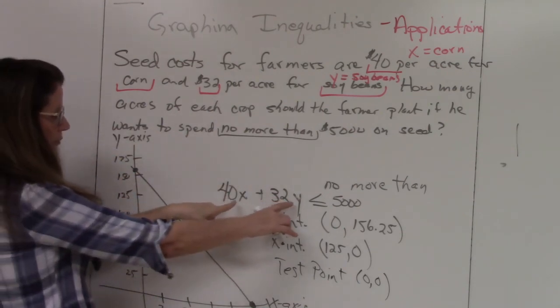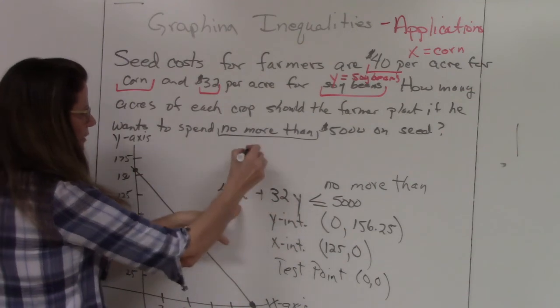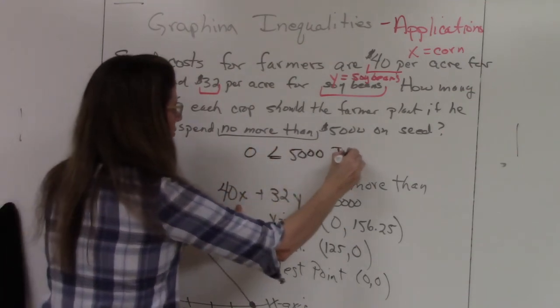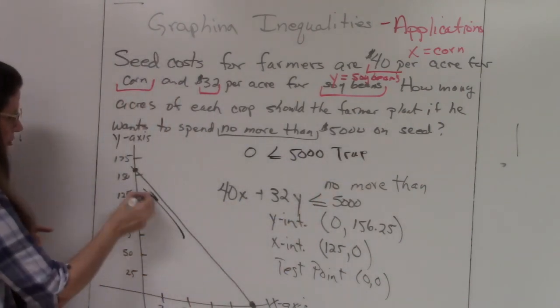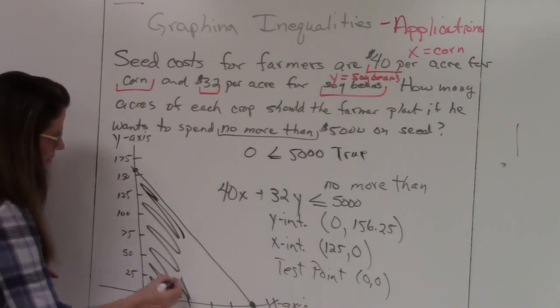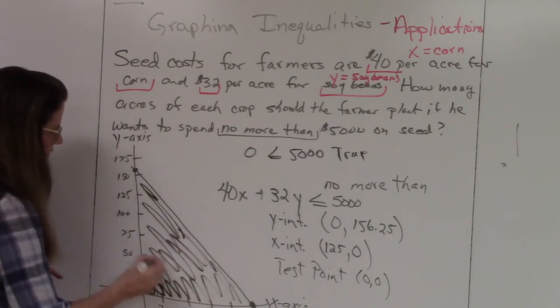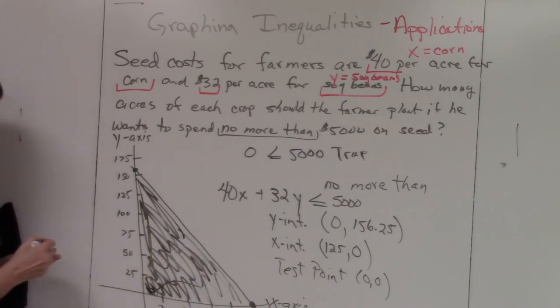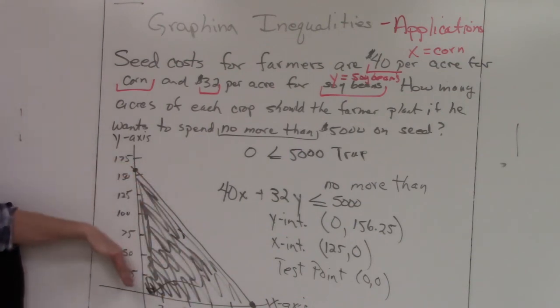When I plug in my zeros, I end up with 0 is less than or equal to 5,000. This is a true statement, so I'm going to shade where the (0, 0) is. We're only dealing in the positive, so the shading is going to be below the line and above the x and y axes. And that is an application of graphing an inequality.